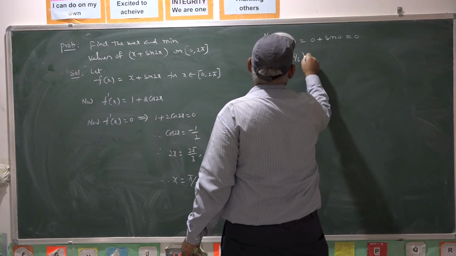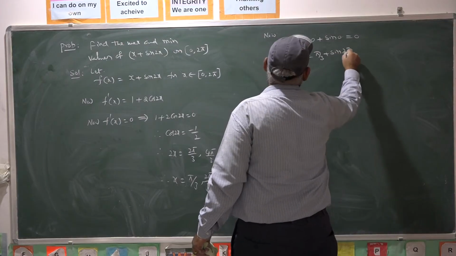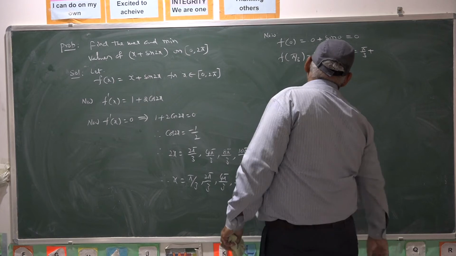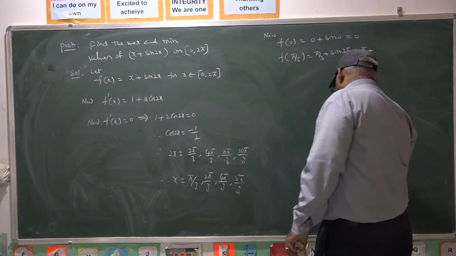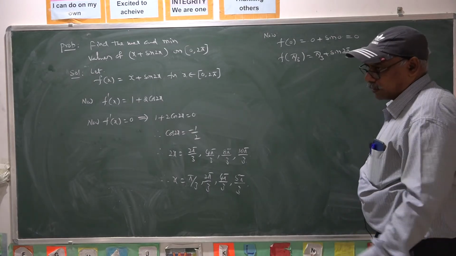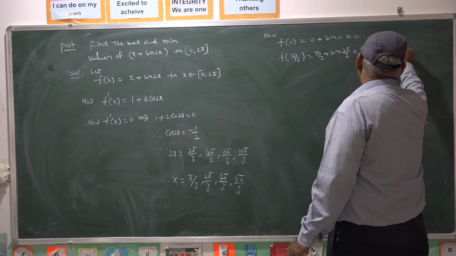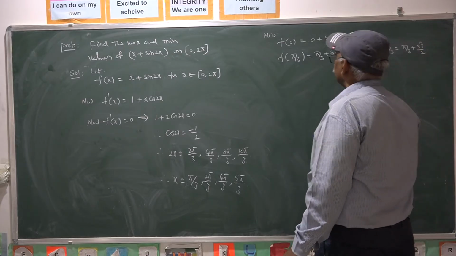F of pi by 3 is pi by 3 plus sine 2 pi by 3, that is pi by 3 plus sine 120, equal to sine 180 minus 60, sine 60 itself, sine pi by 3 itself. So pi by 3 plus root 3 by 2.